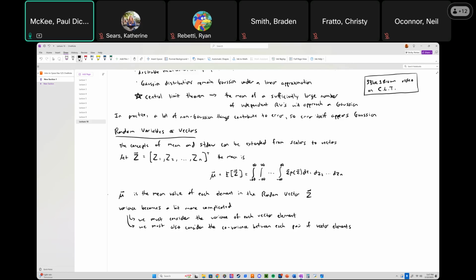So the variance of a random vector z is a symmetric, positive, semi-definite matrix called the covariance matrix.